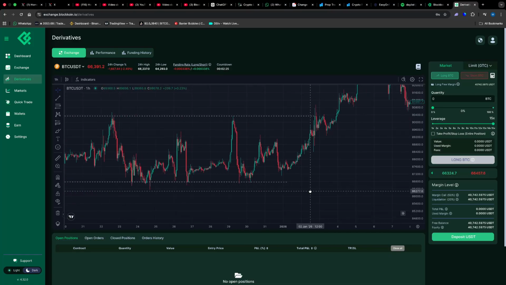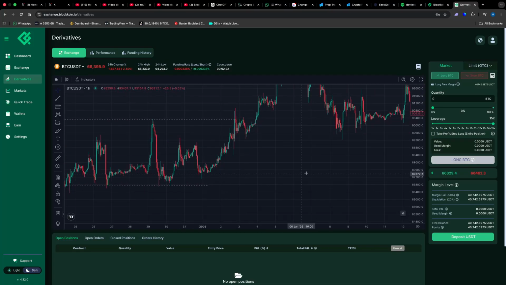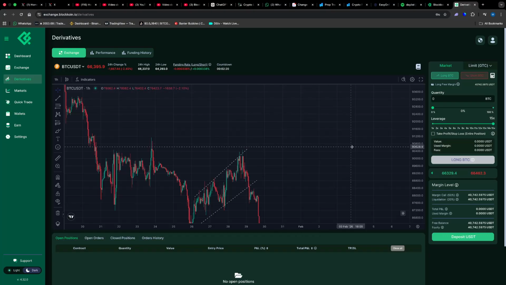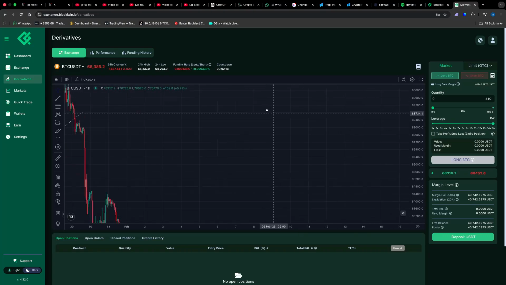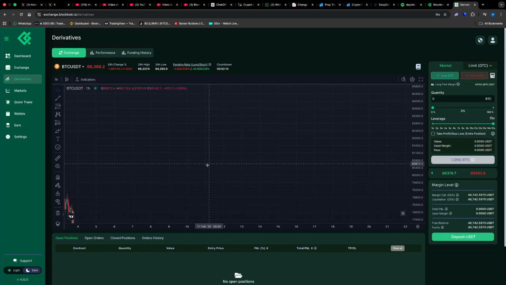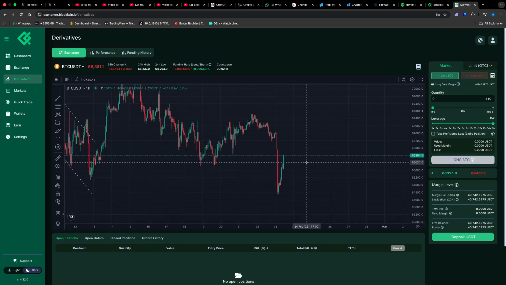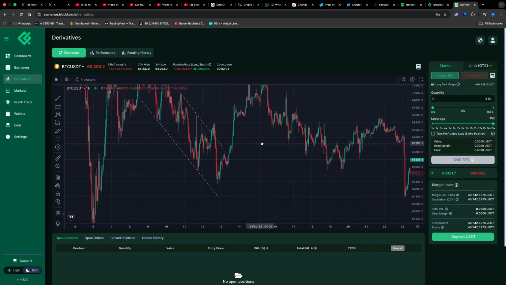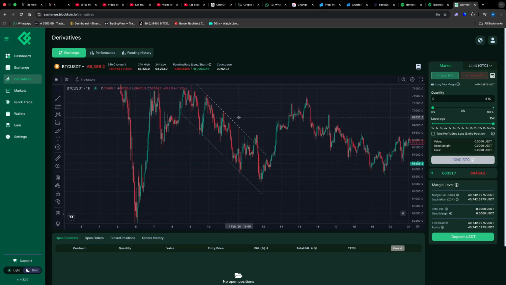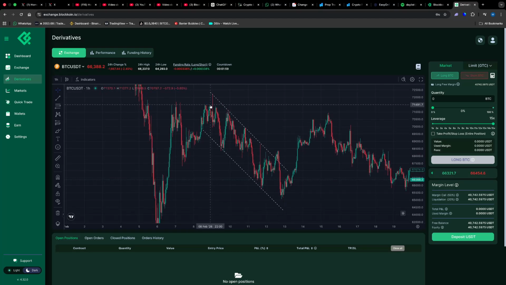Step number 5, identify the environment before trading. What do I mean by that? Before entering any trade, ask yourself, is the market trending or ranging? Is it bearish or bullish? If trending, trade pullbacks in the direction of structure. In this situation over here, the market is in a downward trend, so always try to trade in the direction, meaning find sells at resistance.